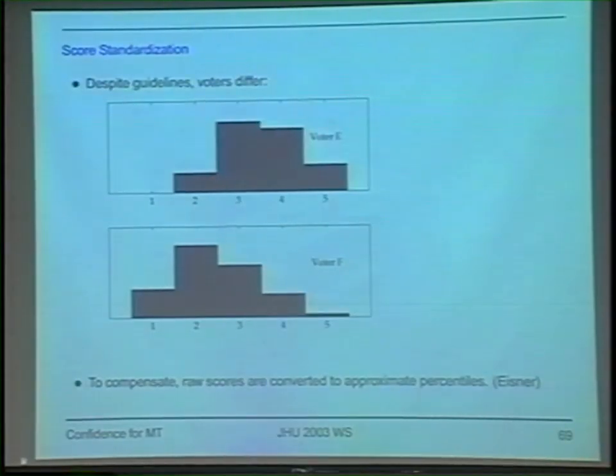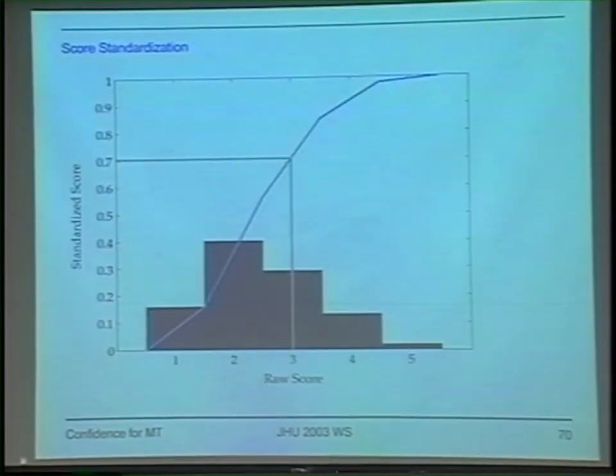To compensate for this effect, we converted the scores to approximate percentiles. This is how we did it. We take the histogram, and we plot this light blue line, which is an approximate cumulative distribution. Then we take a 3, which converts to a 0.7 in this case.